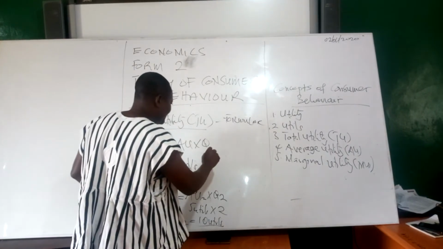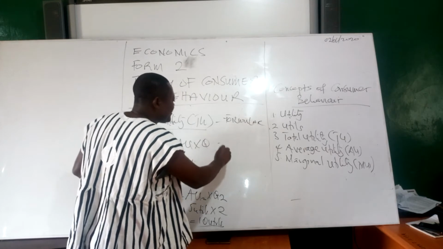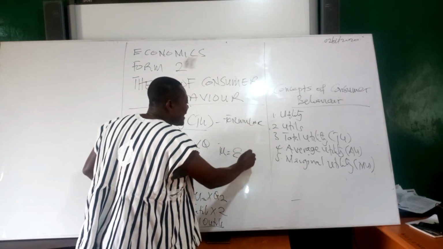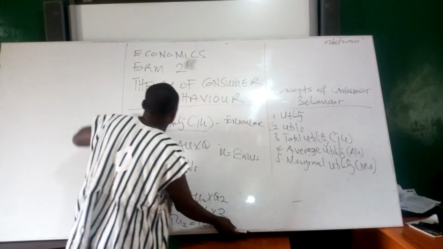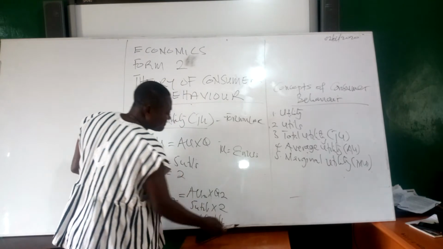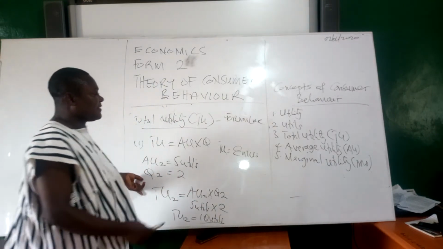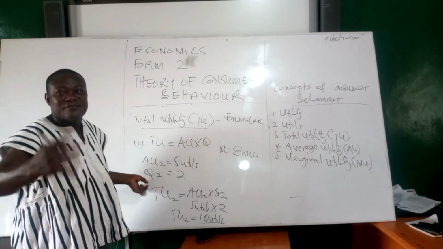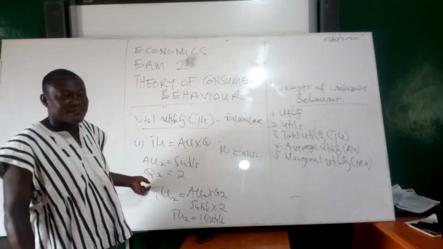Two, TU is equal to the summation of MUs. MUs means adding the various marginal utilities.